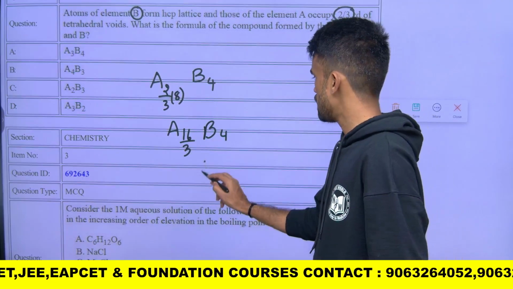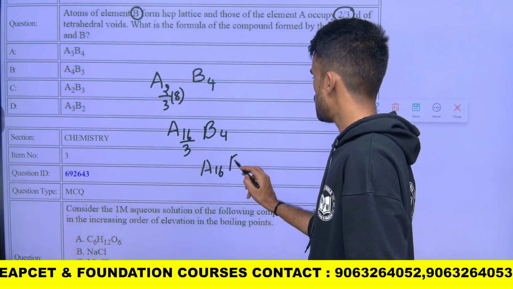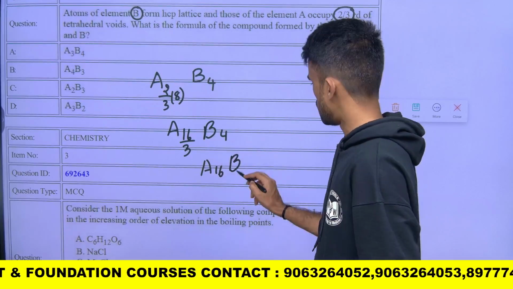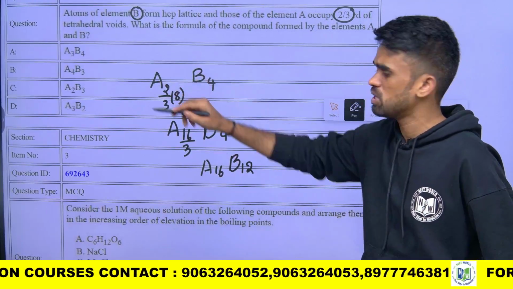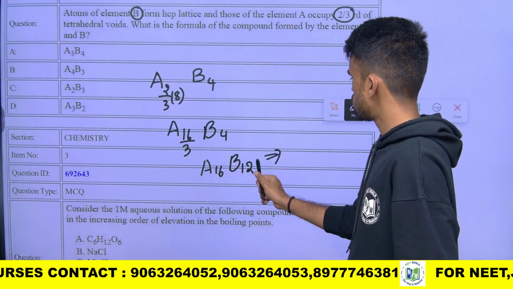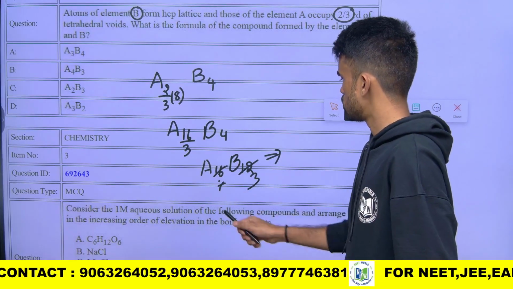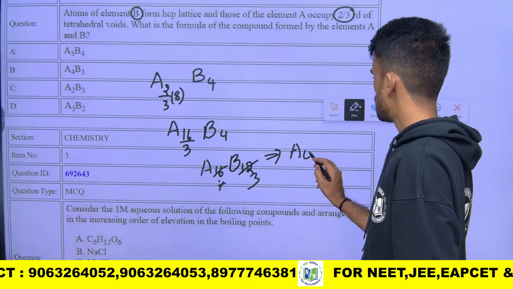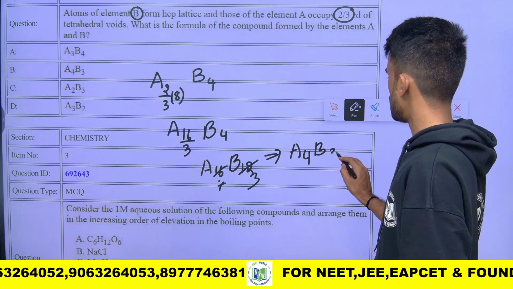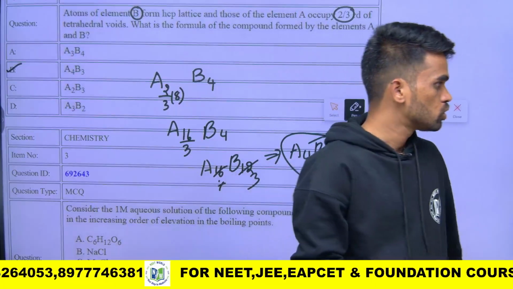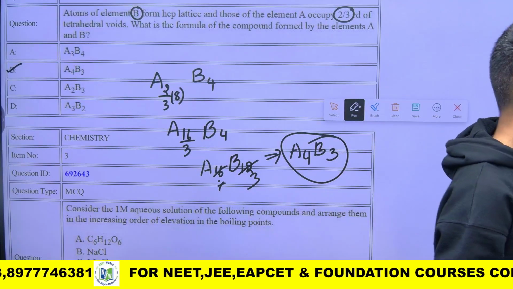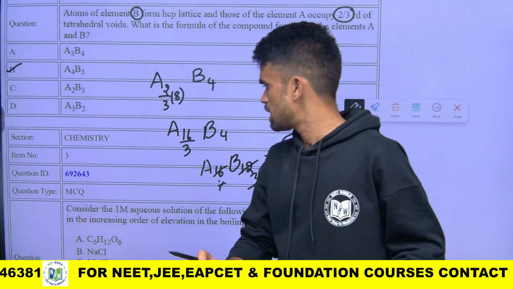Now take the simplest ratio as per the given options. Multiplying by 3 we get A16 B12, and dividing by 4 we get A4 B3. We have option A4 B3, so option number 2 is correct for this particular question. Hope it is also clear now. Let's move further.